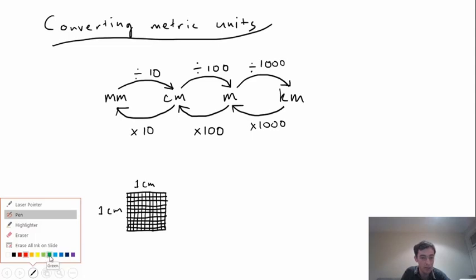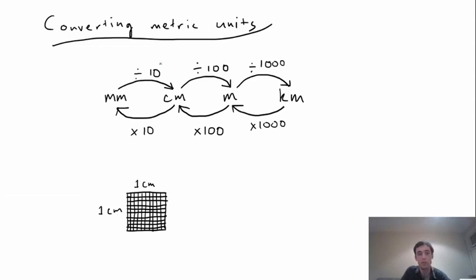And if I want to write cubed, to convert between volume, which is how many little millimeters cubed can I fit into my centimeter cubed, then you're going to have to times by 10 to the power of 3, which is 10 times 10 times 10.